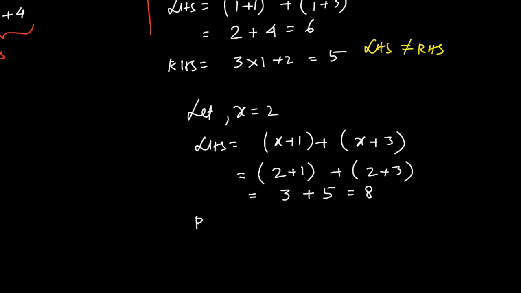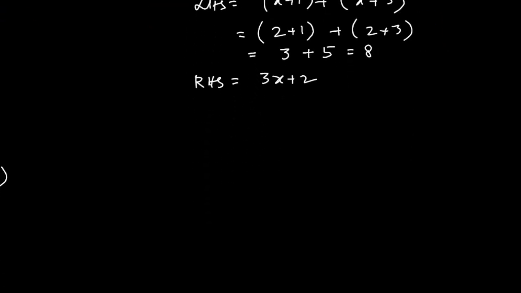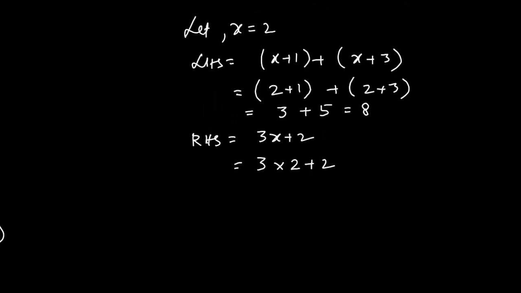And the right hand side, which was 3x plus 2, becomes 3 into 2 plus 2, since we have taken x equal to 2.